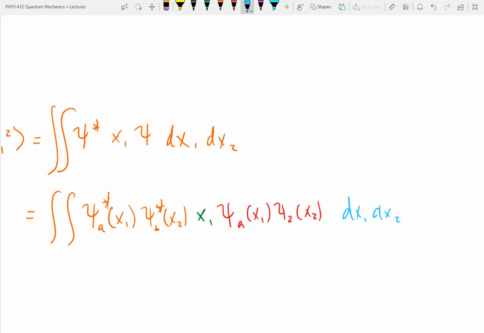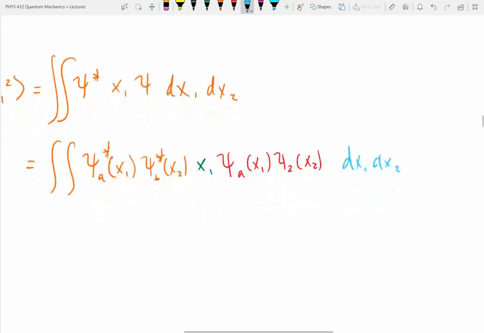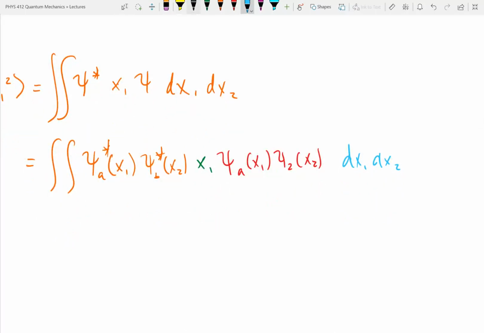But x1 is unrelated to x2, and so I can separate these into two integrals.